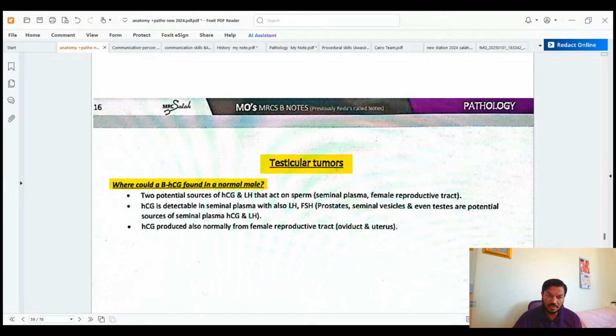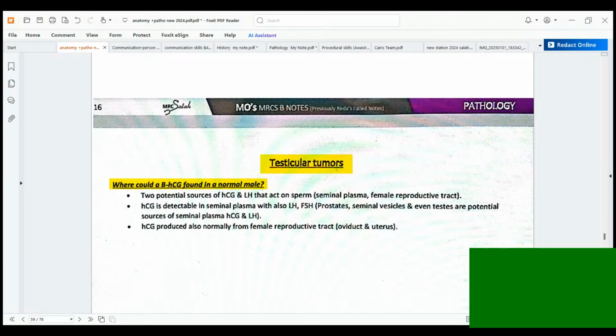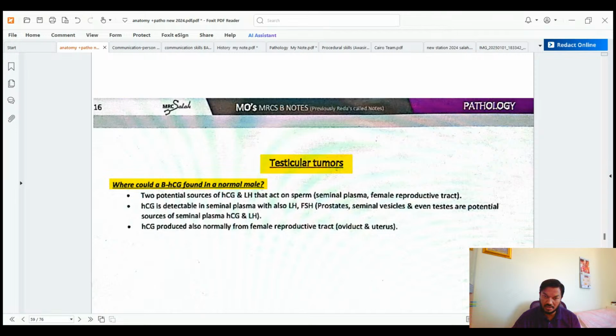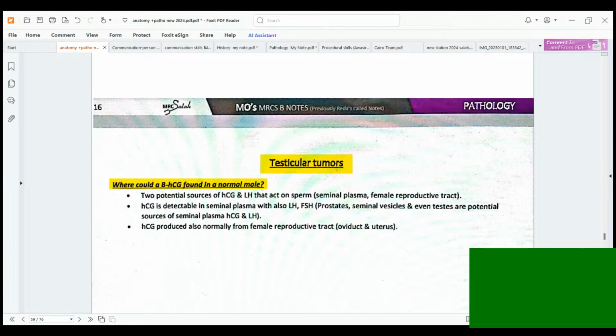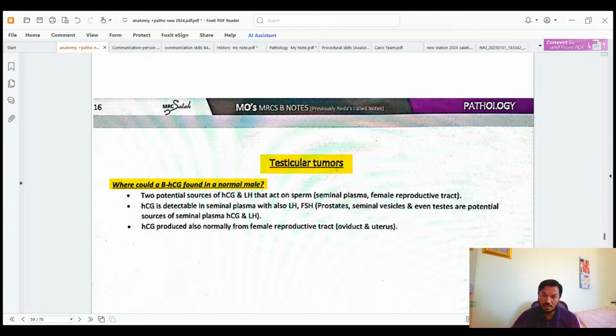HCG is detectable in seminal plasma, with also luteinizing hormone, FSH, protease, seminal vesicles, and sebum. These are potential sources of seminal plasma HCG. HCG is also produced normally from the female reproductive tract, ovaries, and uterus.